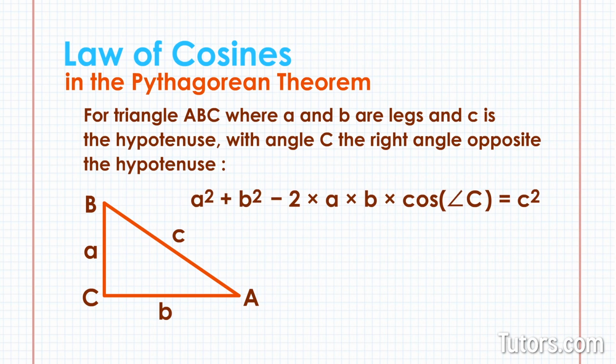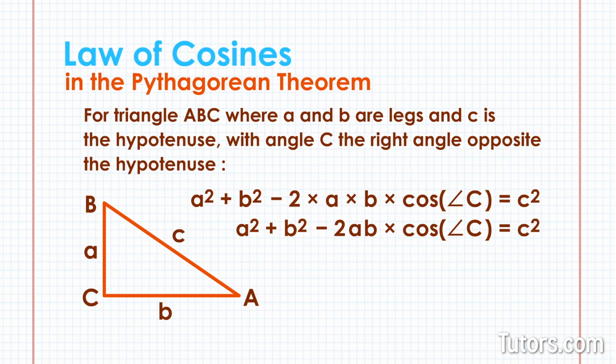We can simplify this to a squared plus b squared minus 2ab times the cosine of angle C equals c squared. The cosine of 90 degrees is 0, which leaves you with 2ab times 0. So the entire expression, 2ab times the cosine of angle C, equals 0 and can be removed, leaving just the Pythagorean theorem like this.